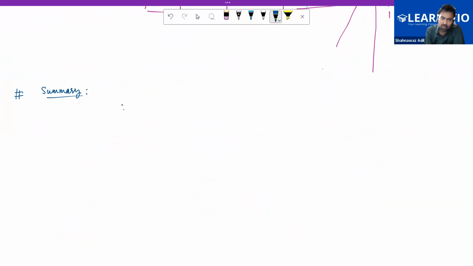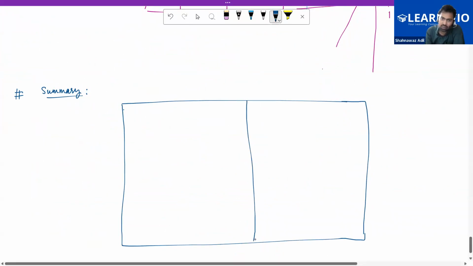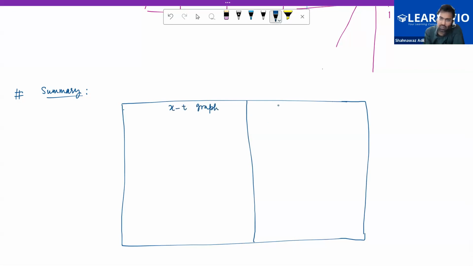So in summary, what do we have? One is the XT graph. The other is the VT graph.